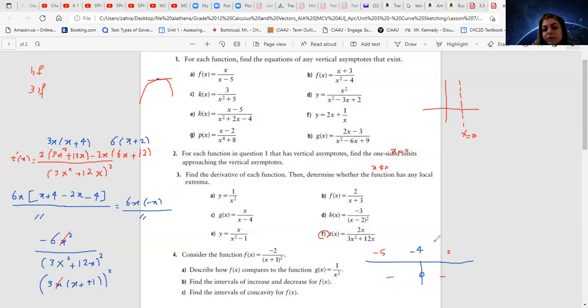At negative 4, it's not going to give you anything. Even if you had x to the power of 2 in the numerator and wanted to find the sign around that, the sign wouldn't change, because this is to the power of 2, and it's always positive. So we don't have any extreme here. Okay. Good.